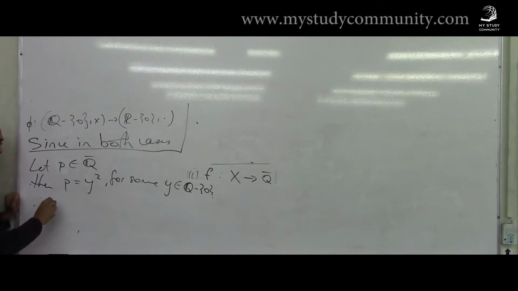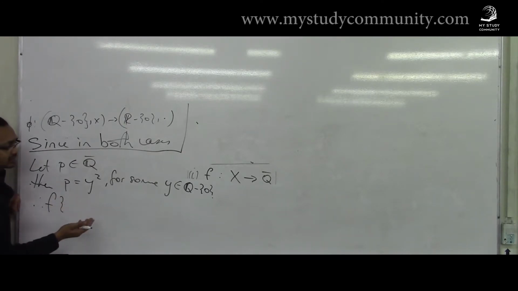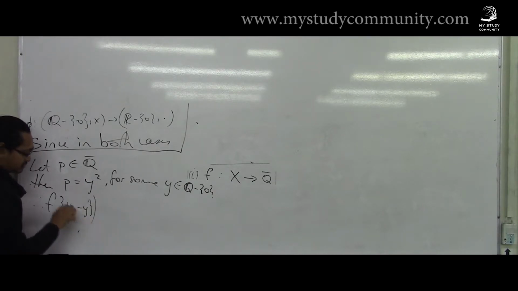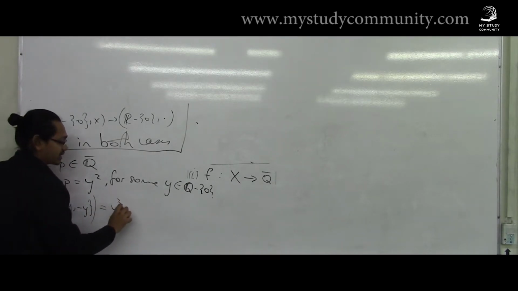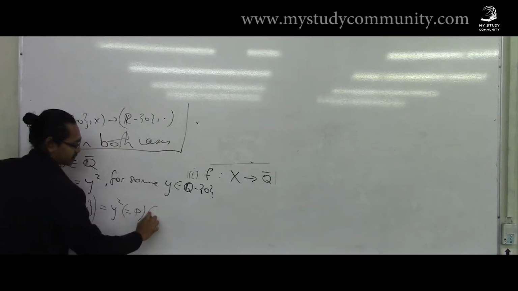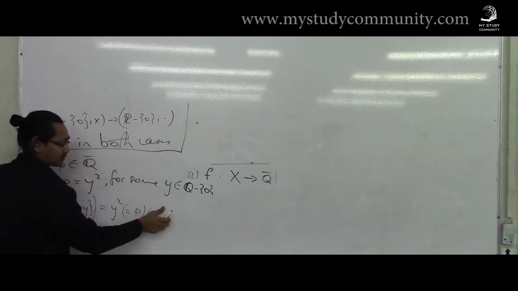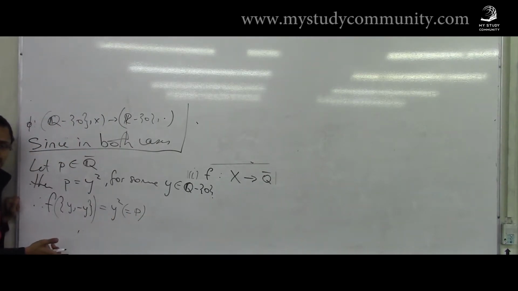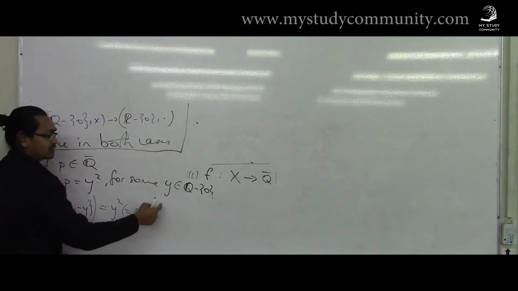Therefore, F of, can you all guess it? What would give me Y squared? F of Y minus Y would give Y squared, which is P. Follow? And we know Y minus Y would be in X.